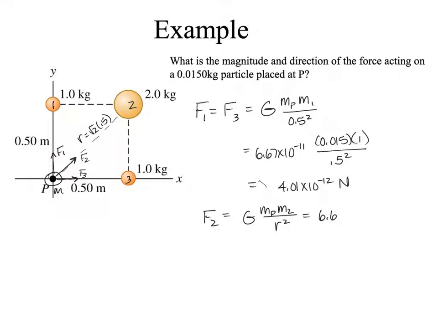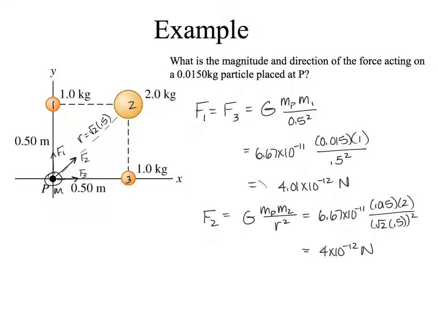So it's 6.67 times 10 to the minus 11 times 0.015 times 2, and then the square root of 2 times 0.5, all that squared. This actually turns out to be 4 times 10 to the minus 12 newtons.